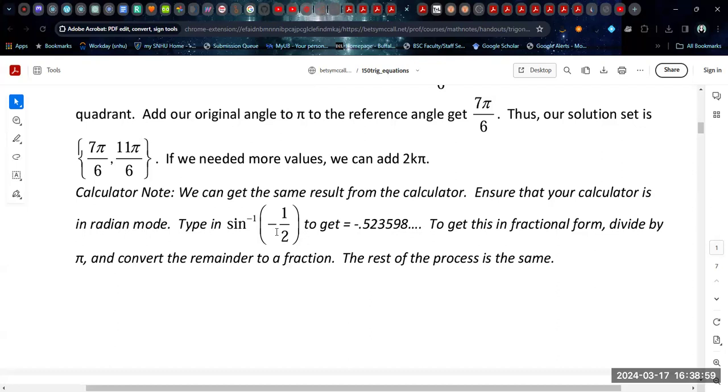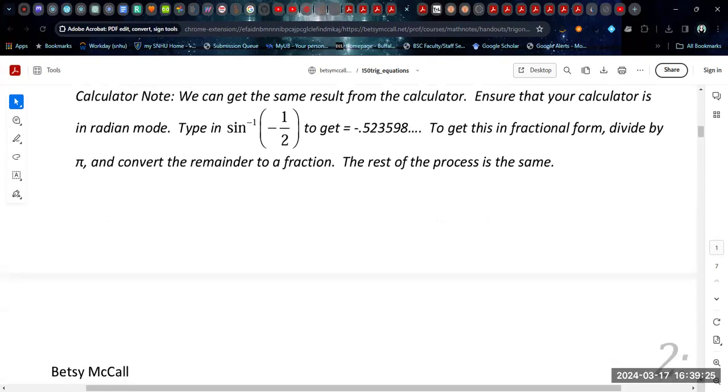If it's a standard angle, then you can multiply this by pi and get it into a fraction form, and then use the convert to fraction button in order to convert that into the rest of the fraction that goes with the multiple of pi. Now, if this doesn't convert to a fraction, it's because it's not a standard angle. But for standard angle problems, you can do this.